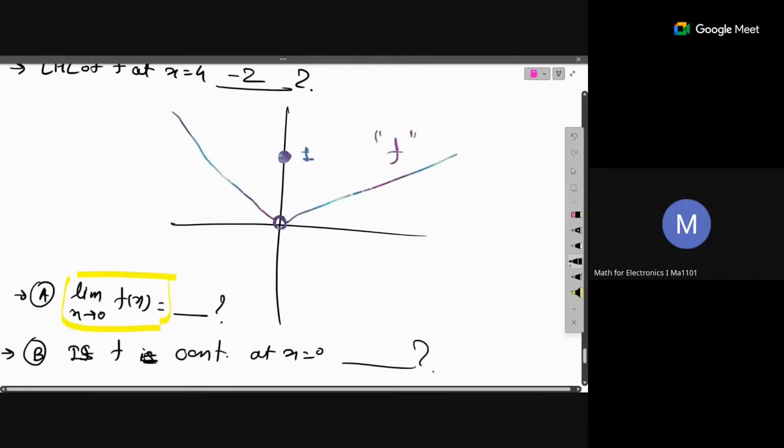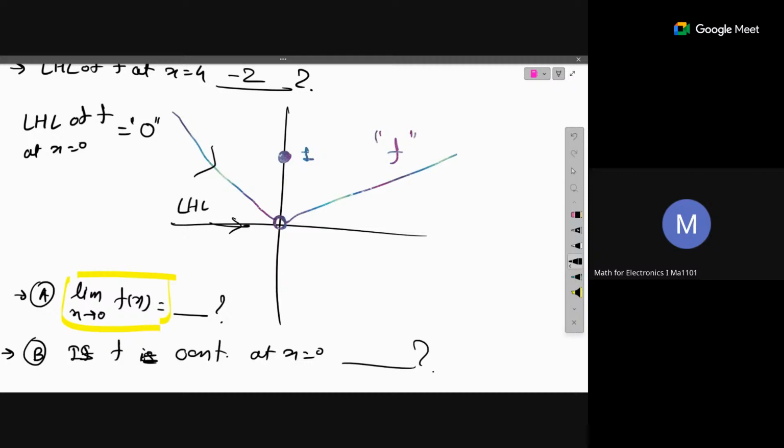Here, if you compute the left hand limit of f at x equals 0, what will be the value? It is nothing but 0, because as we approach 0 from the left hand side, the function is also approaching 0 via this particular line, y equals minus x.